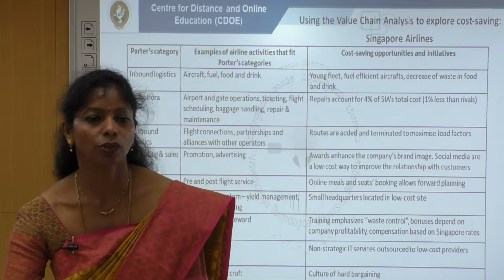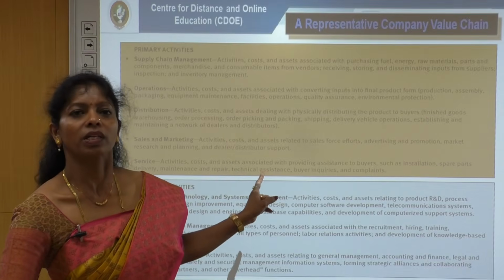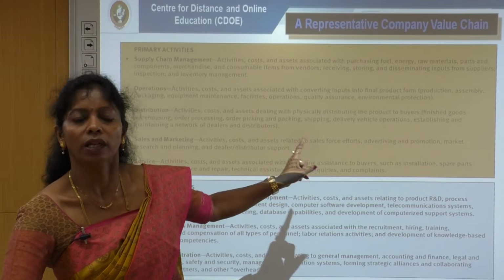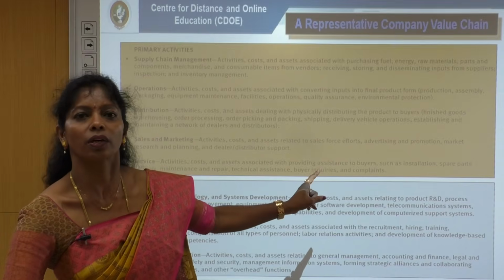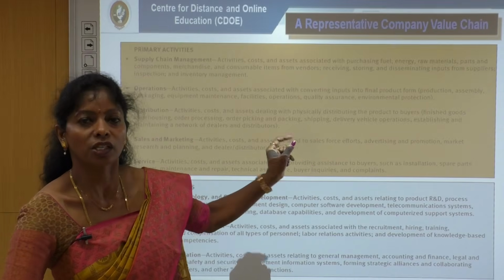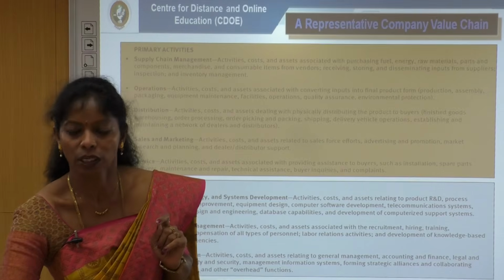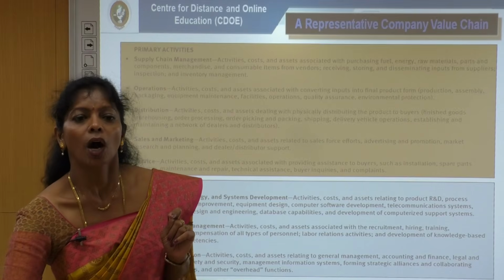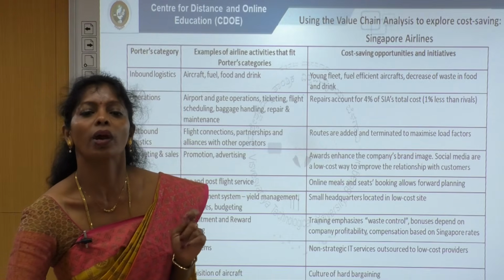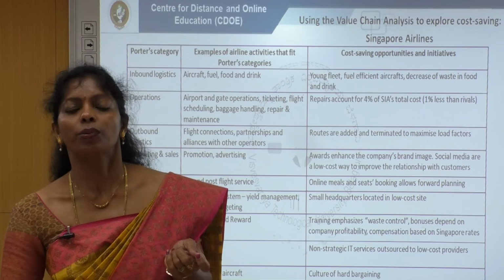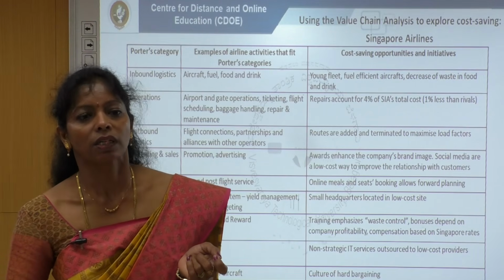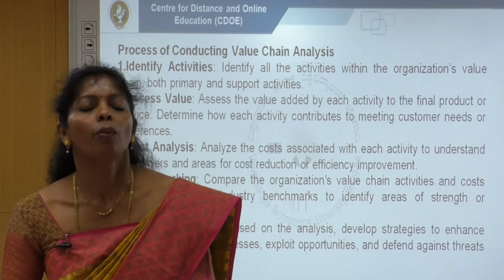In the previous slides you saw the primary activities and supporting activities, the interlinked elements, and the sub-activities within each activity. Along with this, in this particular slide, we saw how individual cost saving opportunities can be identified. So this was about the value chain, primary and supporting activities.